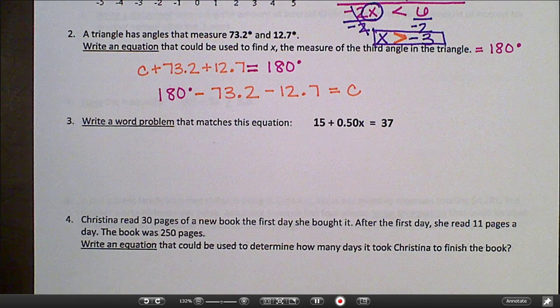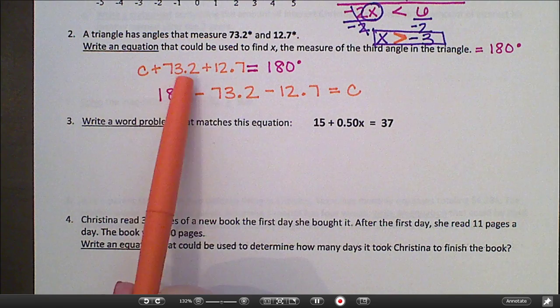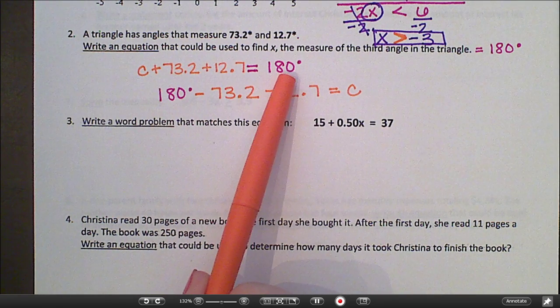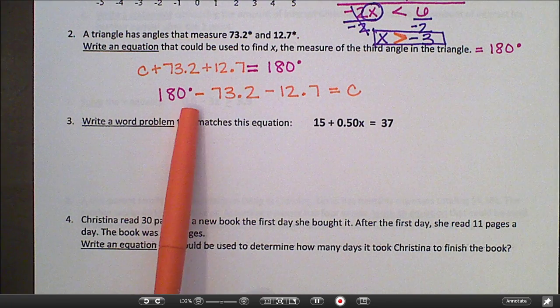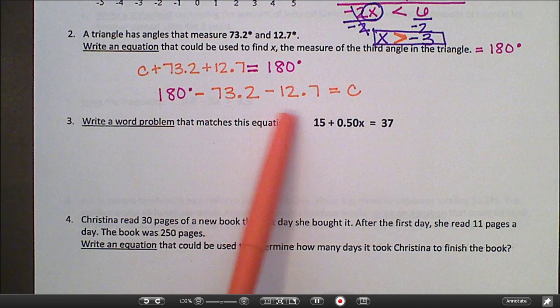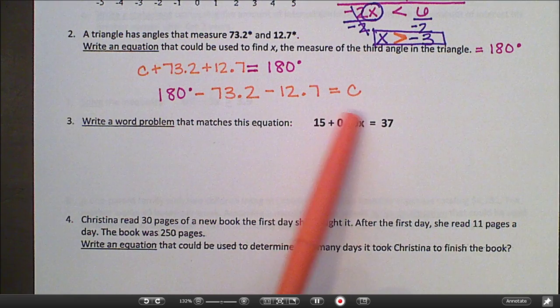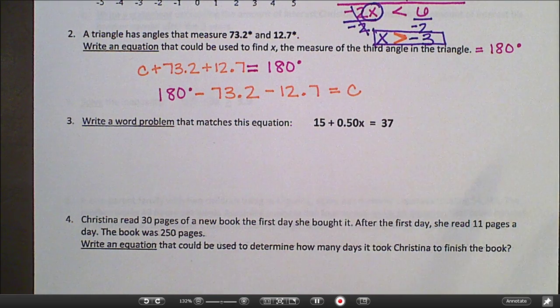These are both saying the same thing. We're either adding up all three angles to get 180 degrees, or we're taking our 180 degrees and taking away the two angles that we're given to solve for that last angle.